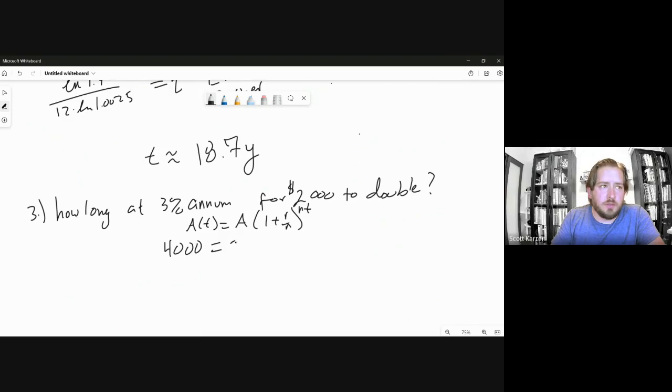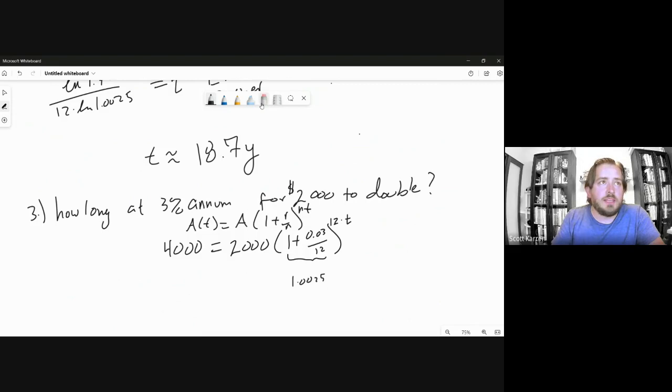So the initial amount, though, I knew was $2,000. 1 plus my 0.03 over 12, which again, this whole thing is not going to change. That's still 1.0025. This is raised to the 12 because that's how many times we're compounding. And again, we're searching for t.